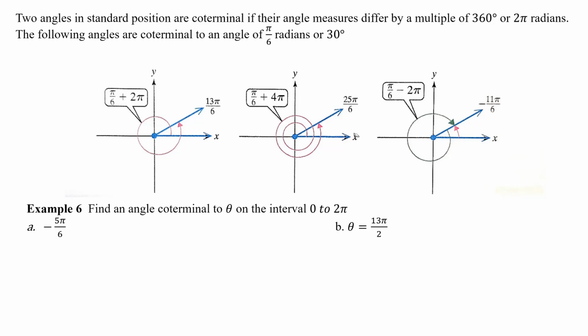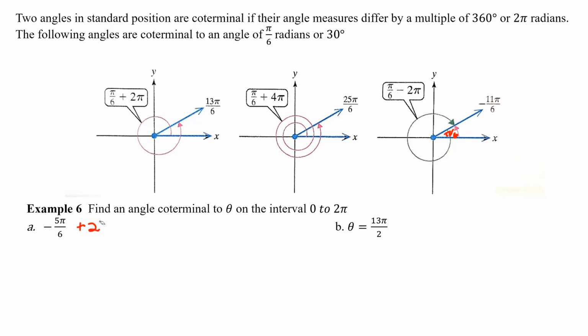And this is just kind of a repeat of what I was just saying, is that two angles in standard position are coterminal if their angle measures differ by a multiple of 360 or 2 pi radians. All right, so if I want to find an angle that's coterminal to theta on the interval 0 to 2 pi for this first part right here, negative 5 pi over 6, all I need to do is add 2 pi to this and see what that gets me.